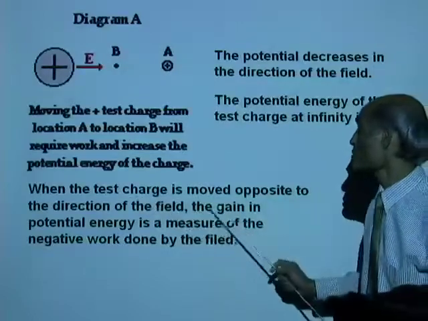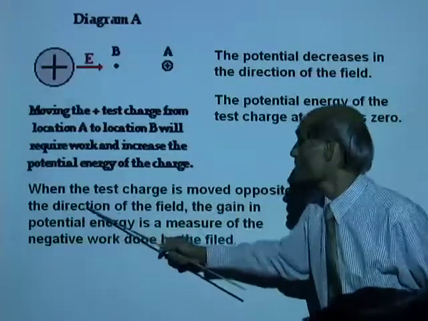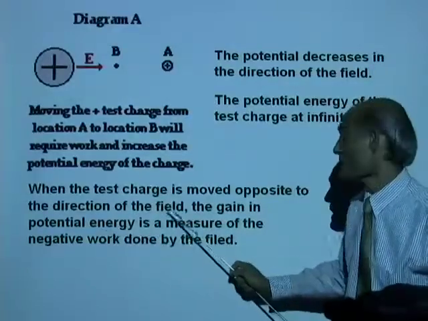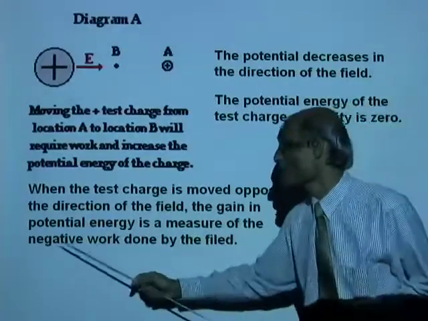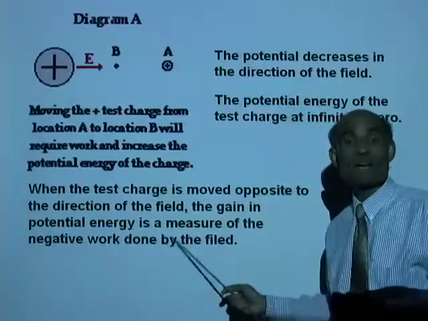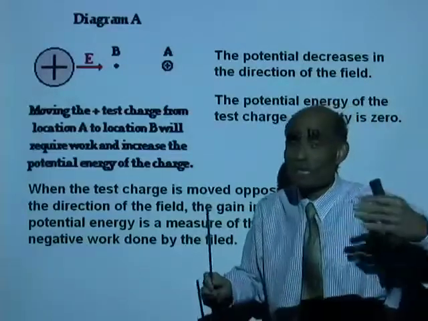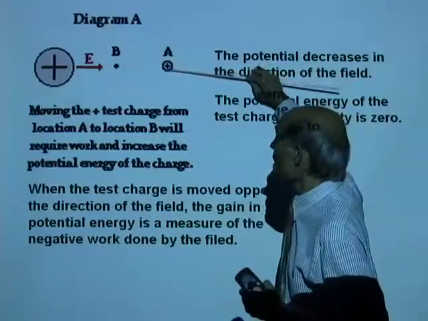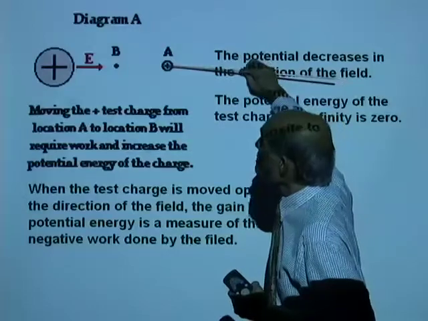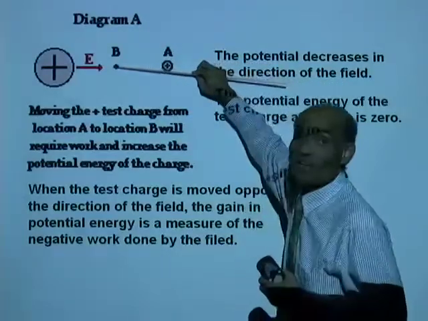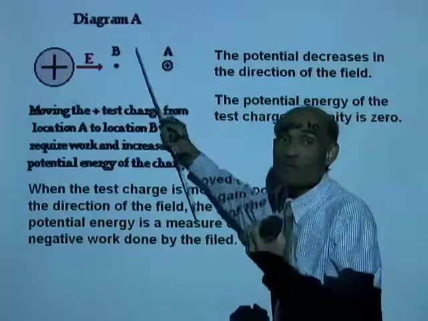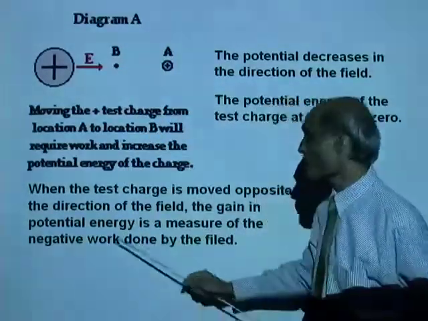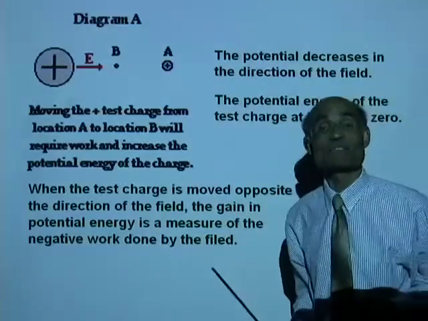When the test charge is moved opposite to the direction of the field, the gain in potential energy is a measure of the negative work done by the electric field. I am repeating this concept because it is very important. When you move the test charge opposite to the electric field, the gain in potential energy is a measure of the negative work done by the electric field.